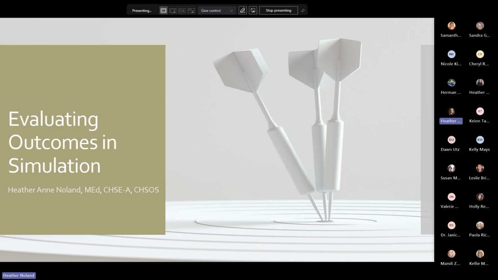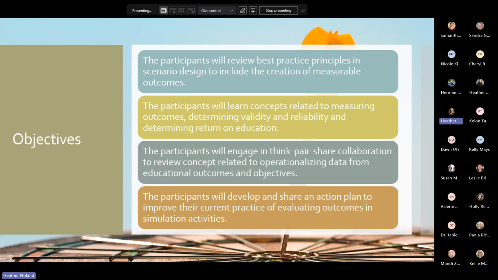We're going to spend some of our time showing different ways to evaluate or to display our outcomes. While a lot of us are involved in simulation, it might not be your primary thing, and so I am completely comfortable if you want to make the outcomes about something that is not related to simulation. The goal is for you to get as much as you can out of this and apply it practically.